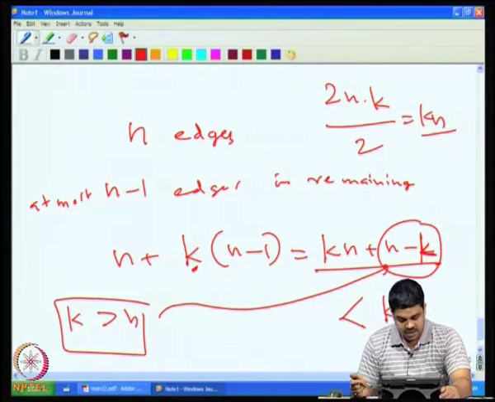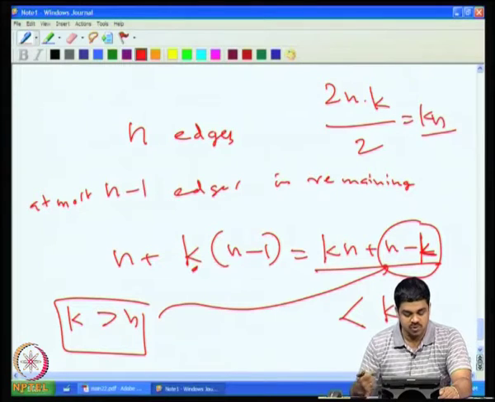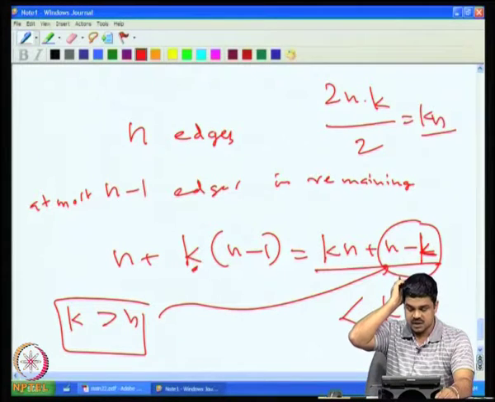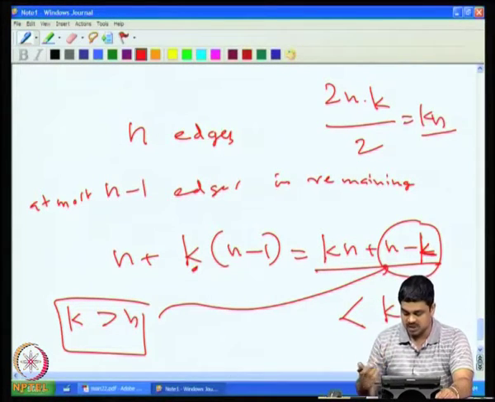So we can infer that it is not possible to have a coloring using just k plus 1 colors, there should be k plus 2 colors in it.